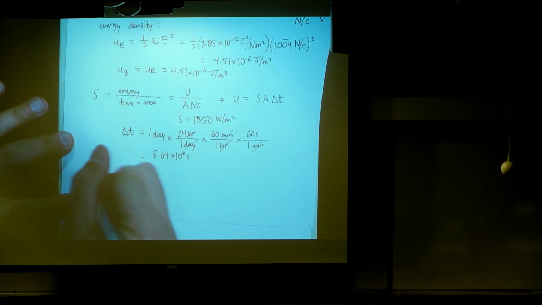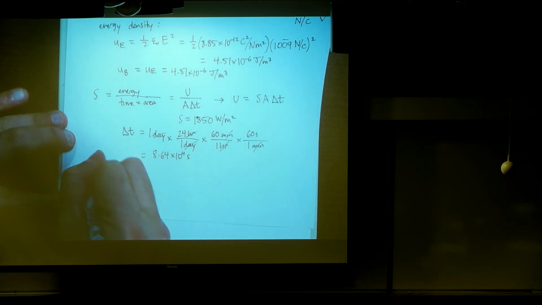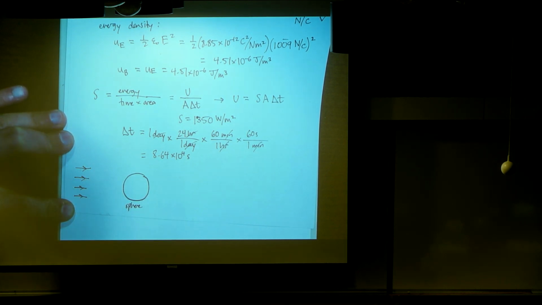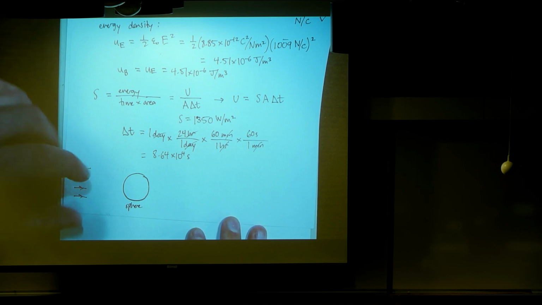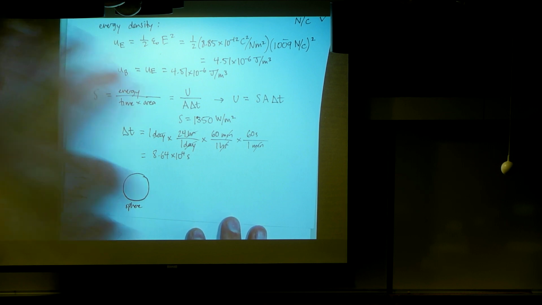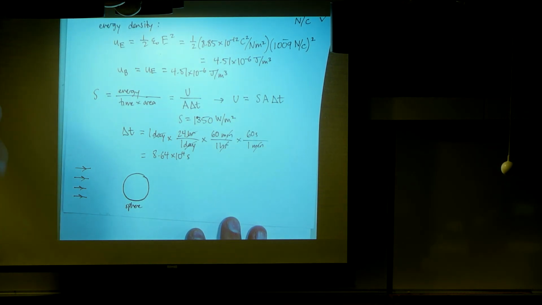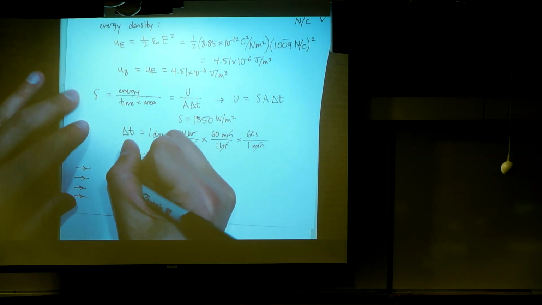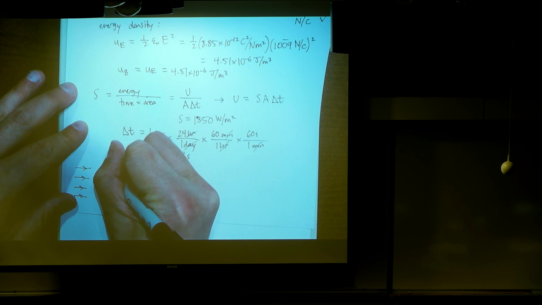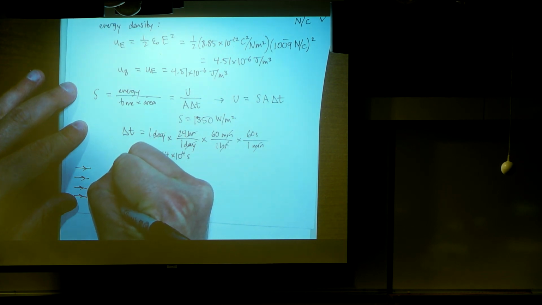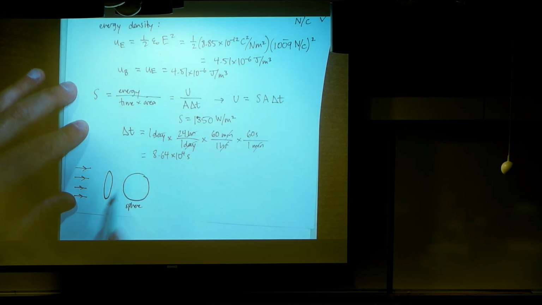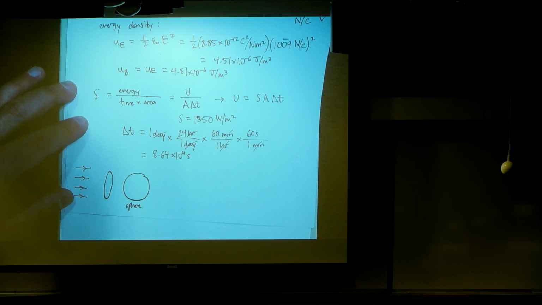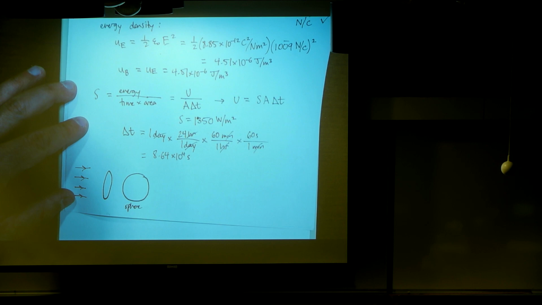Now, we have some sunlight coming in. These are rays of sunlight coming in like this, okay? So our question is basically, effectively, what area do these rays of sunlight actually see? Well, you can imagine putting a circular surface that the sunlight rays are hitting head on, and it has the exact same radius as the earth, right?